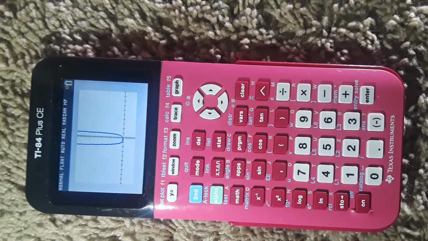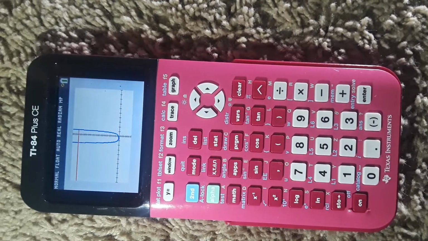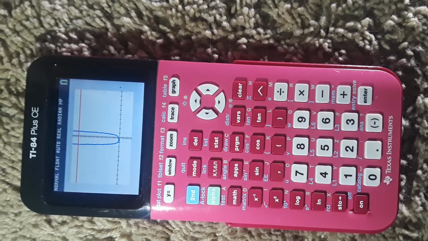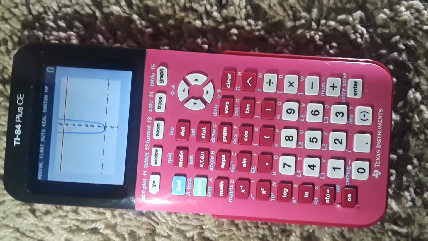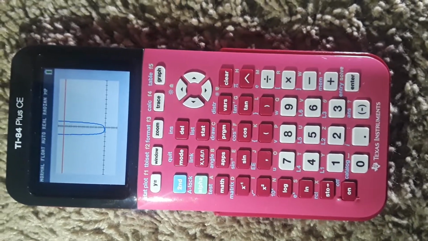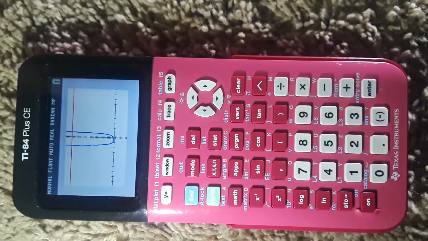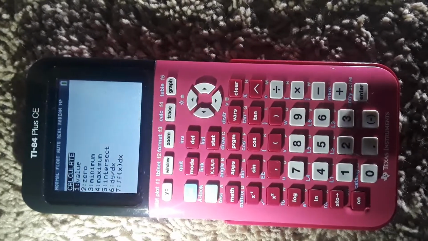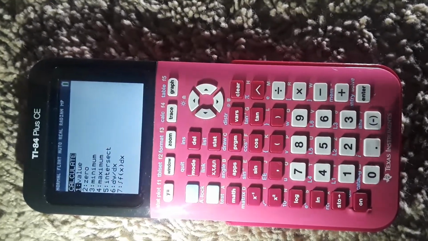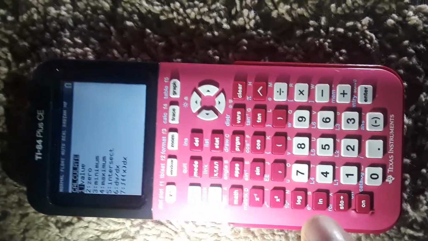And then you will see another graph intersecting this particular graph twice. Now we must hit second trace and then select option 5 for the intersect.